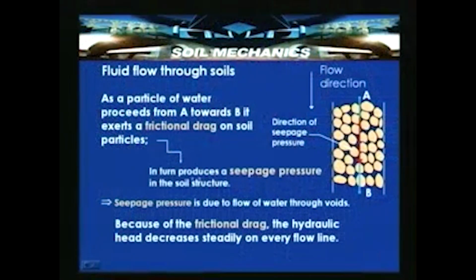So, the water which is flowing with a certain energy will be losing the energy as it flows through the soil. Once it comes to the exit point, the complete energy loss will occur. That indicates the complete dissipation of the energy which was there at the entry point. This in turn produces a seepage pressure in the soil structure.